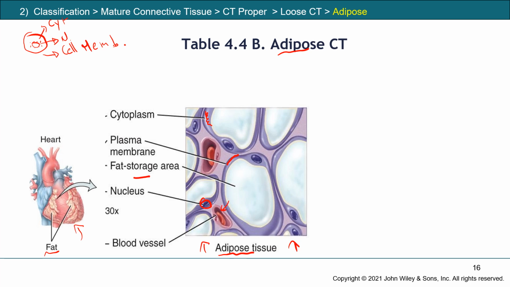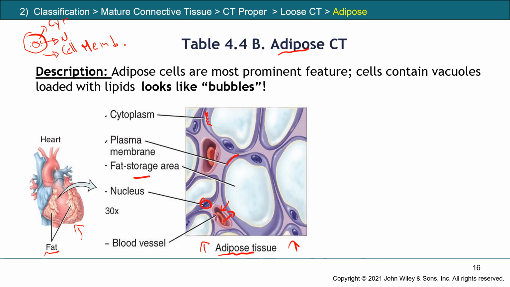So if nutrients need to go in, they need to come here. Blood vessels will be there. And so I told you that adipose tissues have a very prominent structure, these giant vacuoles that are full of different lipids, and they look like bubbles.